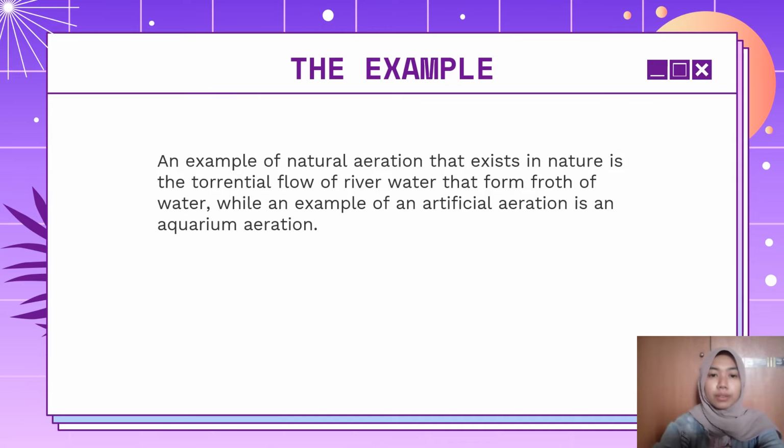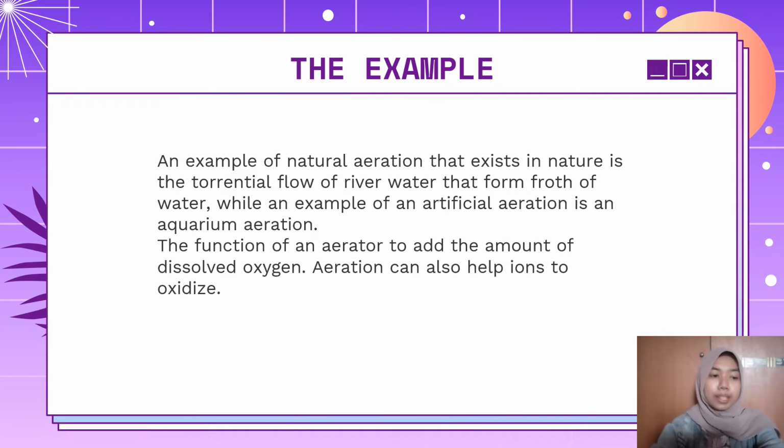An example of natural aeration that exists in nature is the torrential flow of river water that forms froth of water, while an example of artificial aeration is an aquarium aerator. The function of an aerator is to add to the amount of dissolved oxygen.